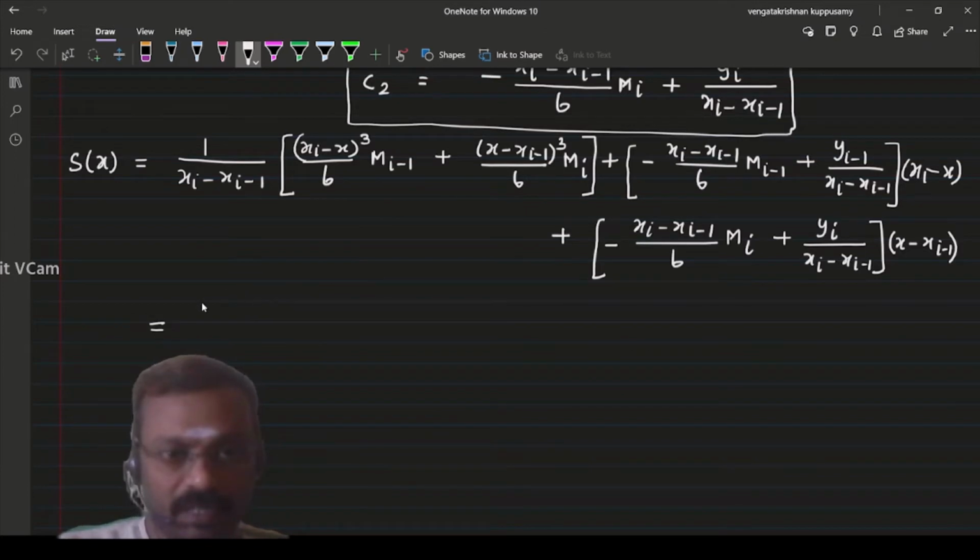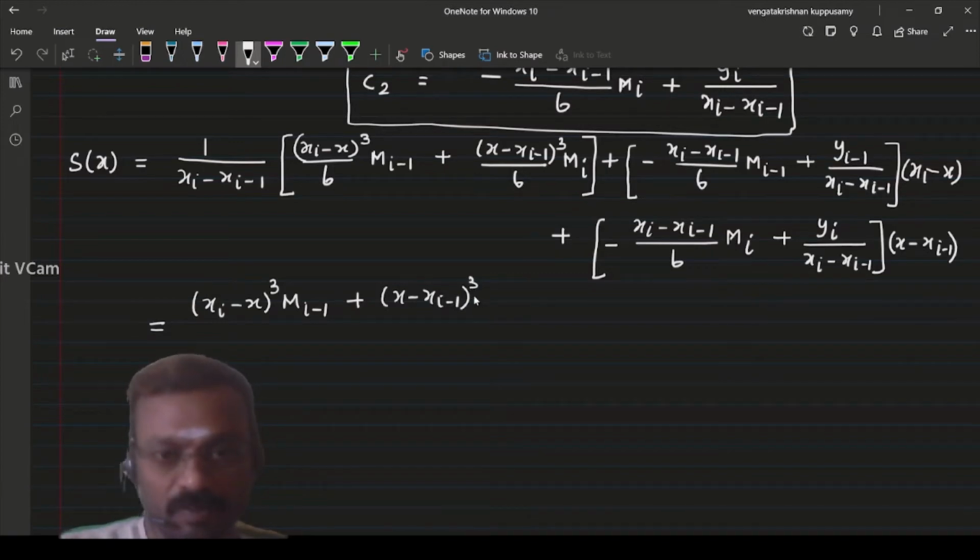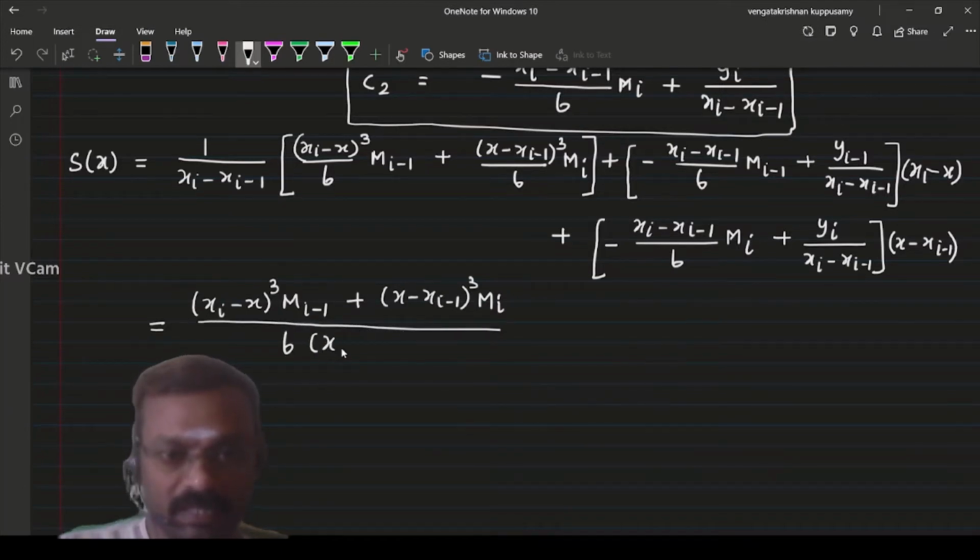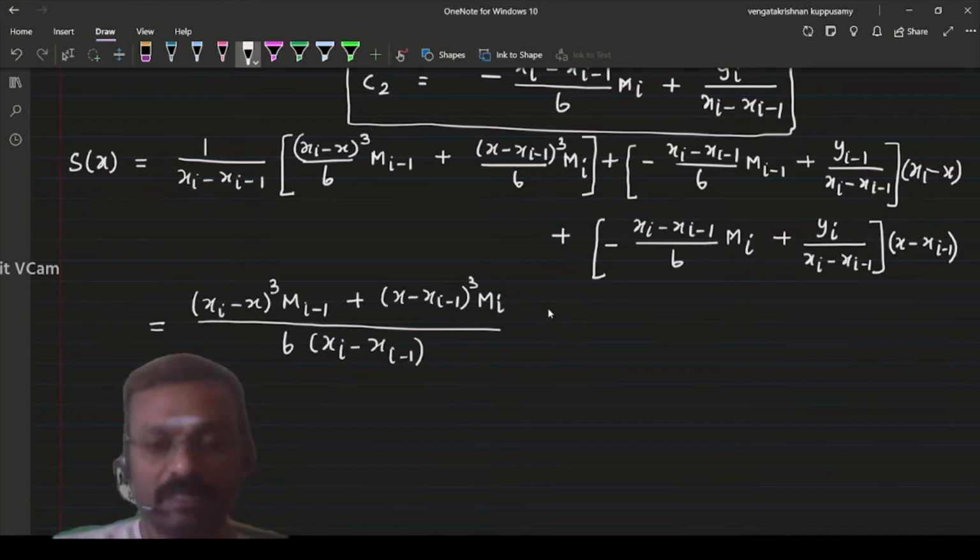Here the first terms can be had in this manner: (x_i minus x) the whole cube into m_{i-1} plus (x minus x_{i-1}) the whole cube into m_i, divided by 6 into (x_i minus x_{i-1}).